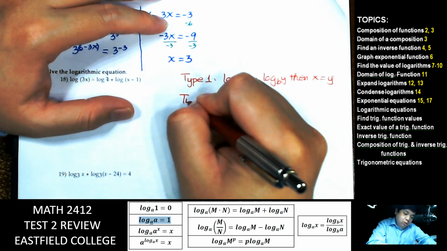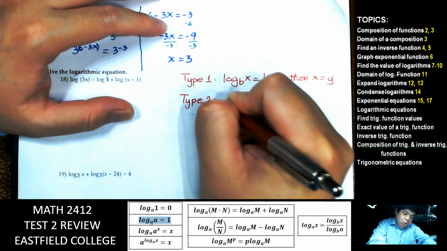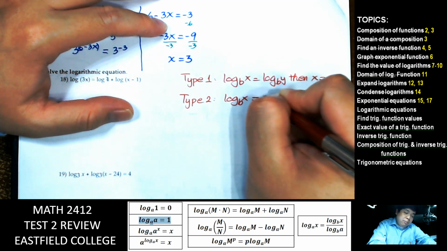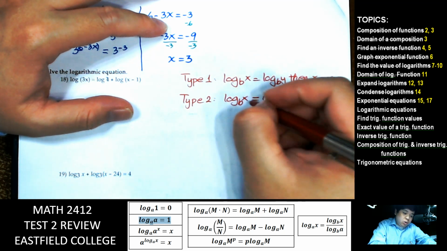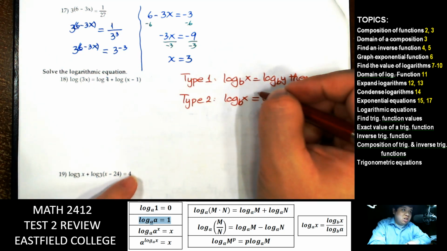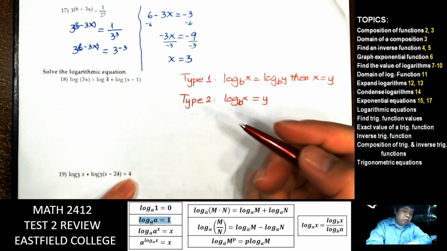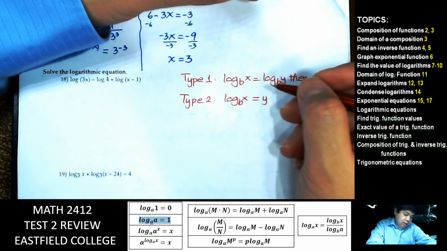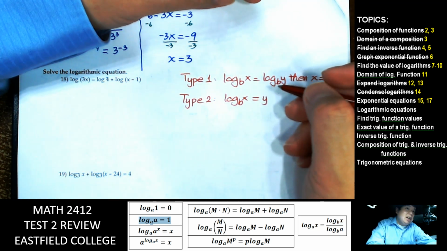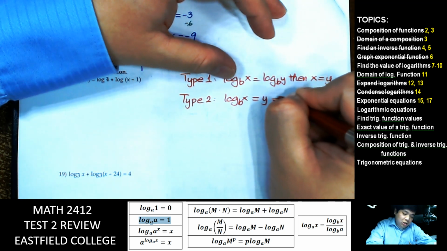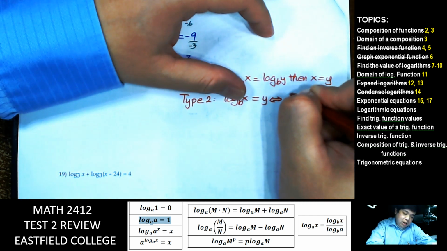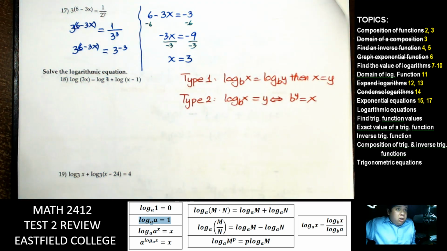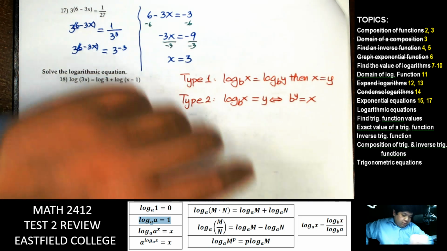Type 2 is where we have log of something, but it is equal to a number instead. So that is missing a log, just like this problem, there's the number by itself. In that case, we switch to exponential form and we say b to the y equal to x. So those are the two types of logarithmic equation.